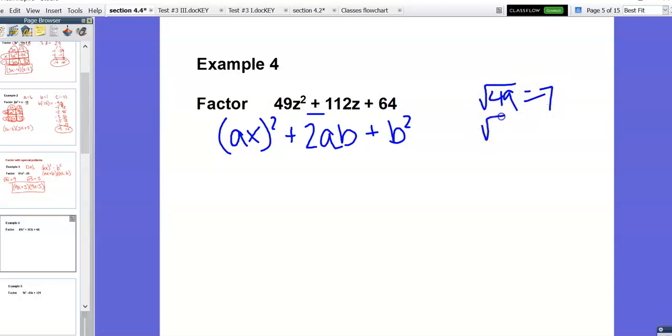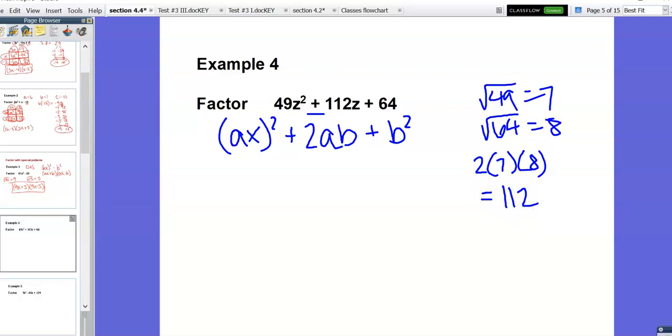Square root of 49 is 7. Square root of 64 is 8. So now let's check and see if we do 2 times a, or 7, times b, or 8, do we get 112? And for us, yes. 2 times 7 is 14. 14 times 8 is 112.